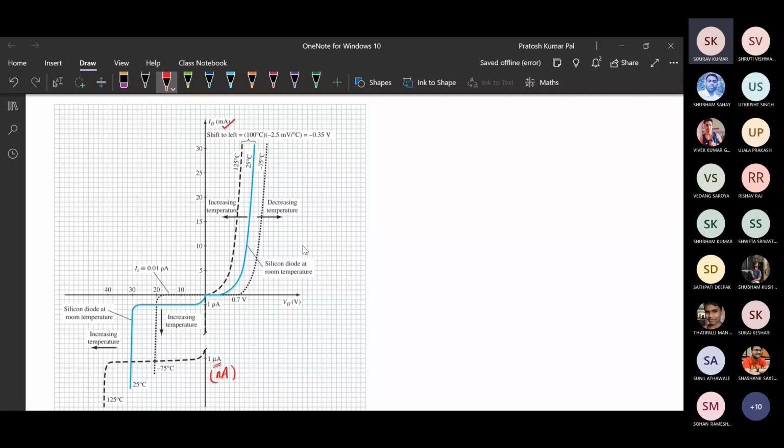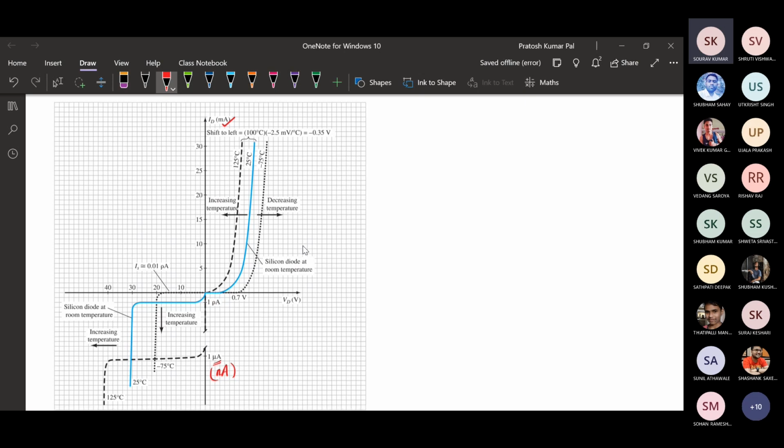Here we will see what the effect on the VI characteristics of the diode will be if we increase or decrease the temperature. There are different points we need to consider. One is IS, the saturation current. Then the forward current, and how it is going to change.